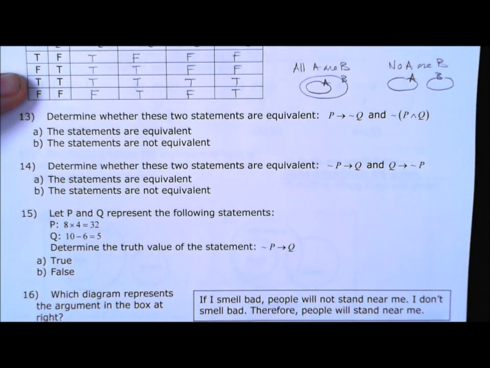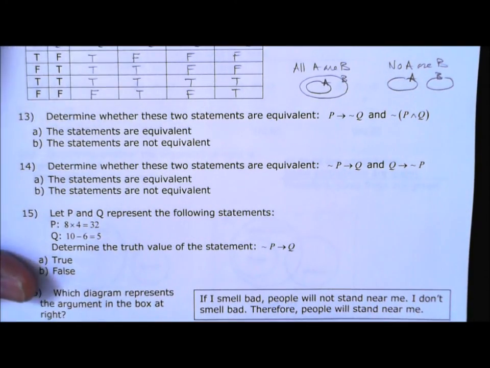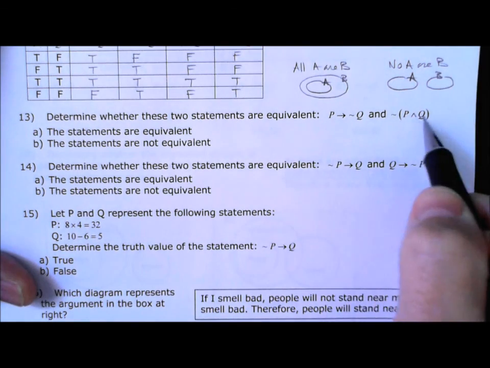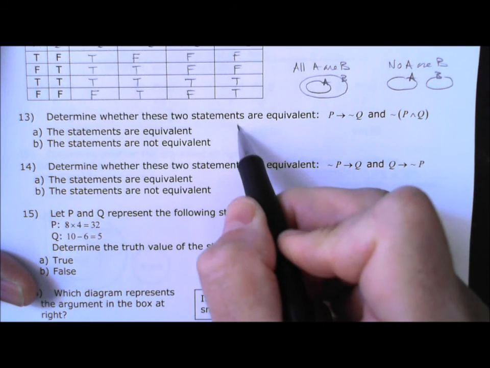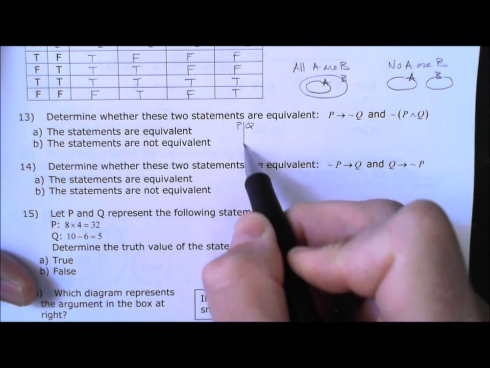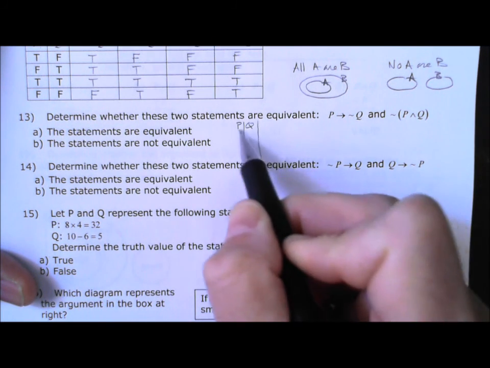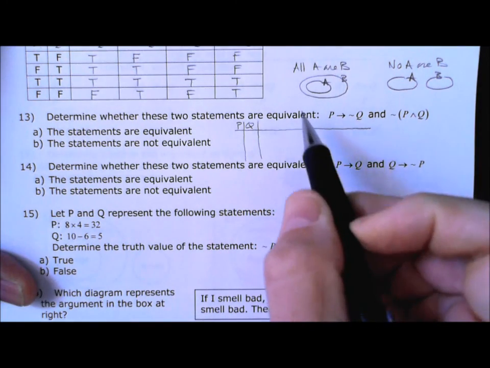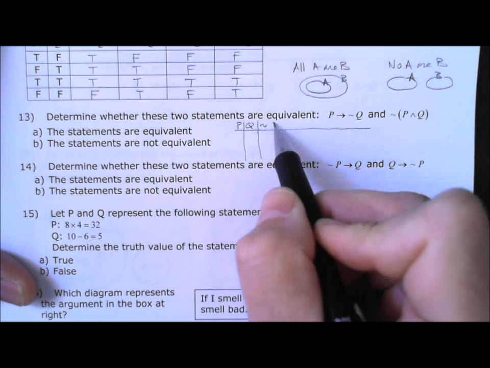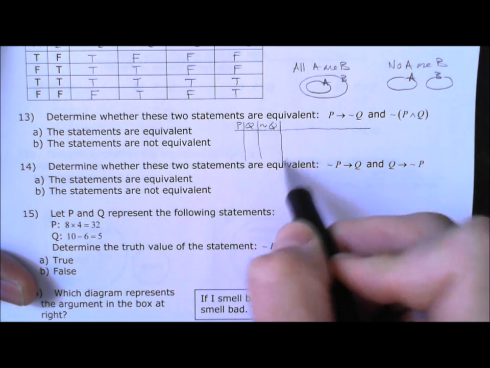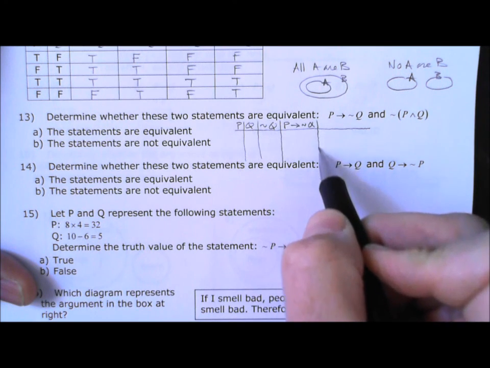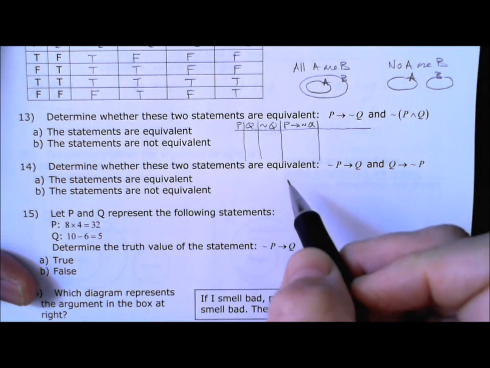Now in numbers 13 and 14, there's a couple ways we can go on this. The most basic way to determine if these two statements are equivalent is to see them in a truth table, and you can see whether their columns have the same values. So for example, the statement P implies not Q will show up right here, and I have a helper column here.